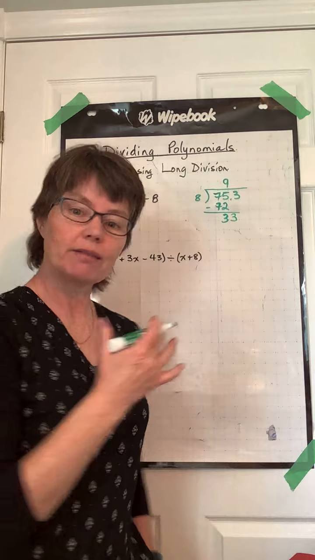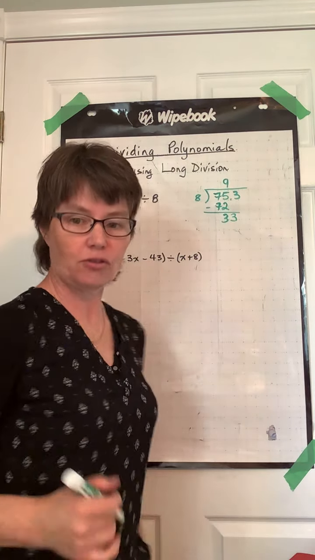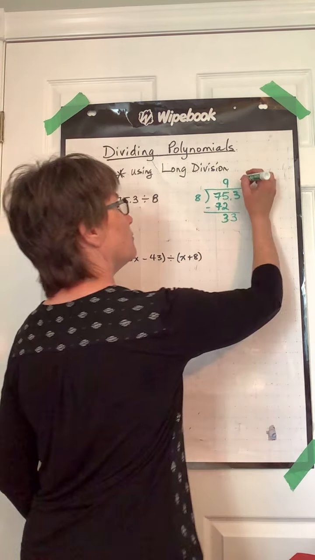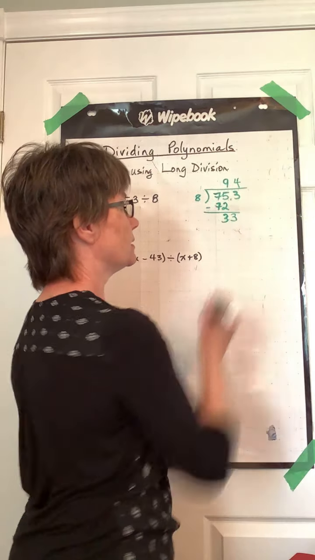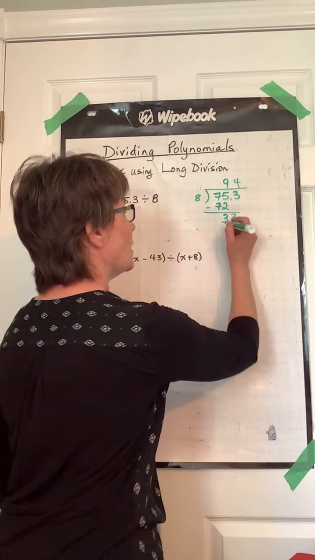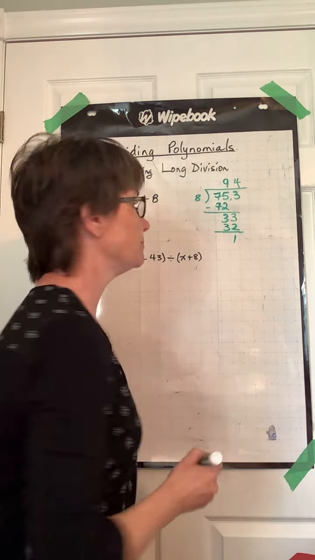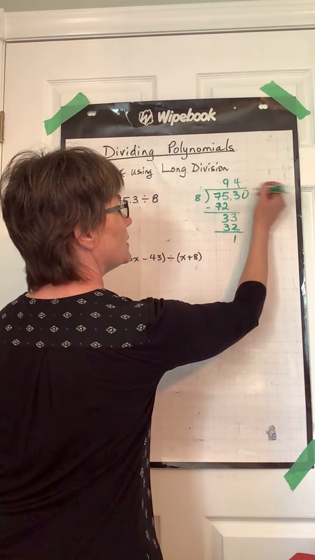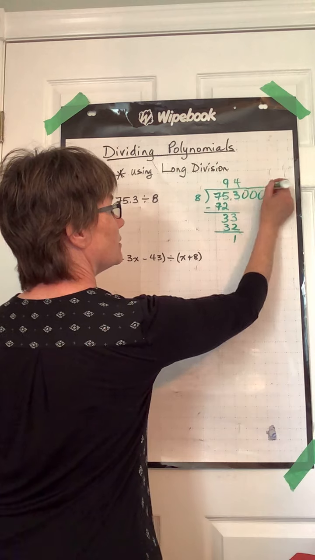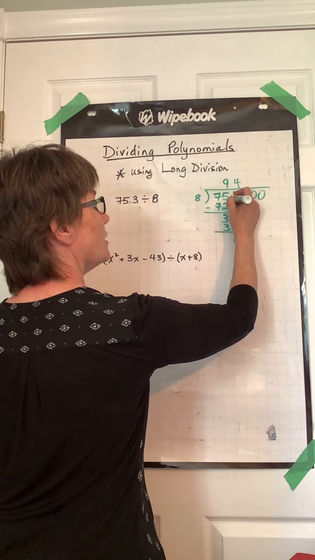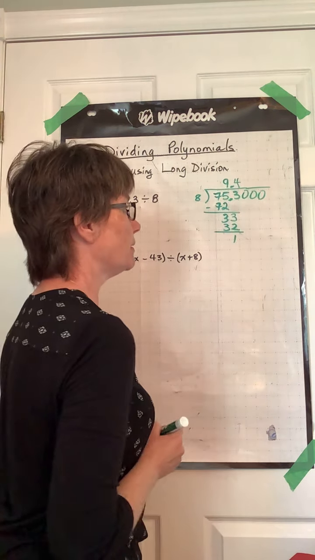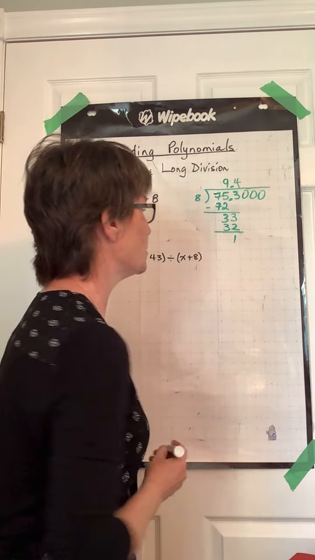Okay, now we think about dividing 8 into 33, and that's 4. 8 fours are 32 actually. Okay, and we have 1 left over. Now we could keep on putting 0, 0, 0 here and keep on going, noticing that this decimal is up here, right above the current decimal.